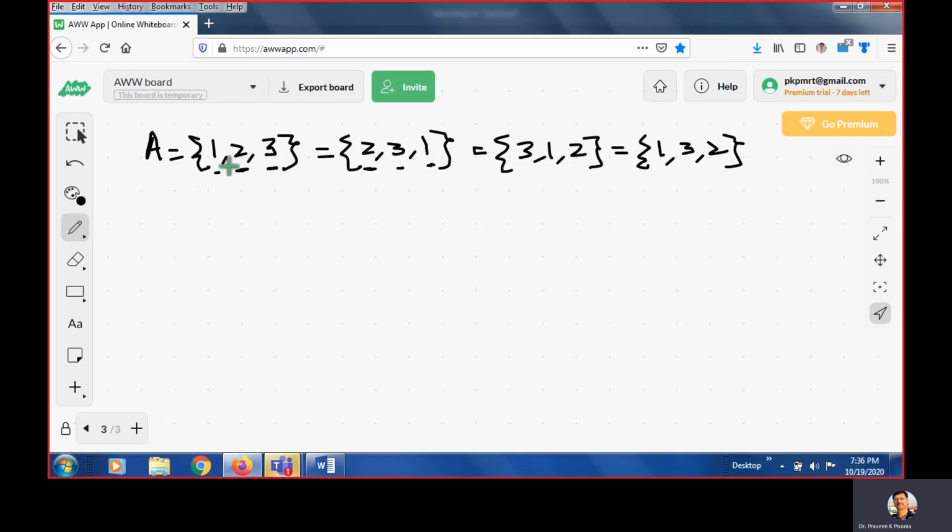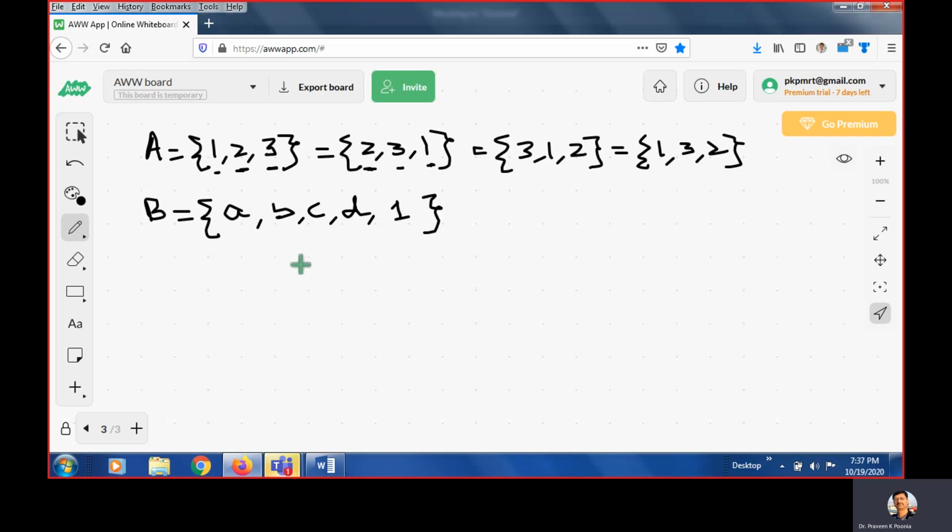You need to consider all objects must be well defined, and objects must be different. If they are not defined, like for example, if I write one more set here, say I write A, B, C, D, and I write here 1.